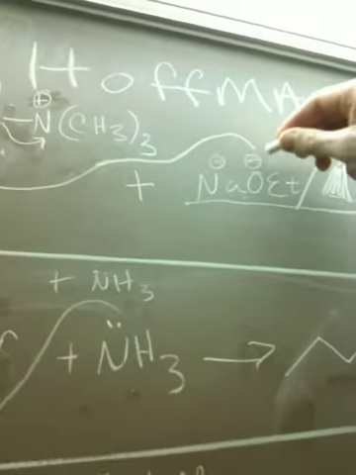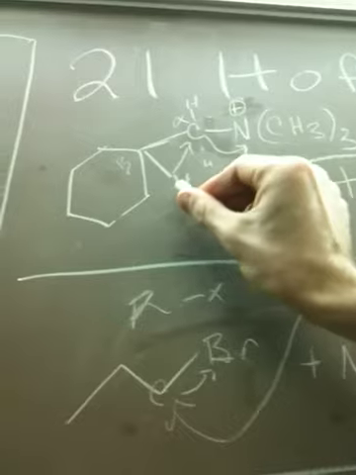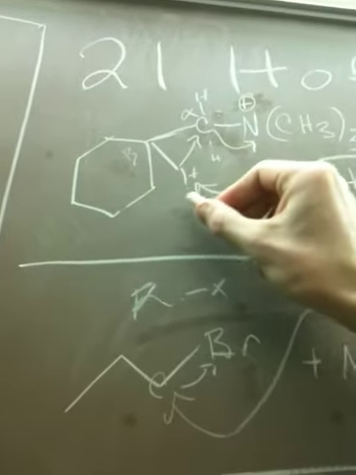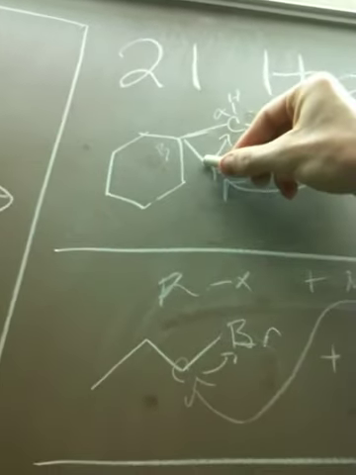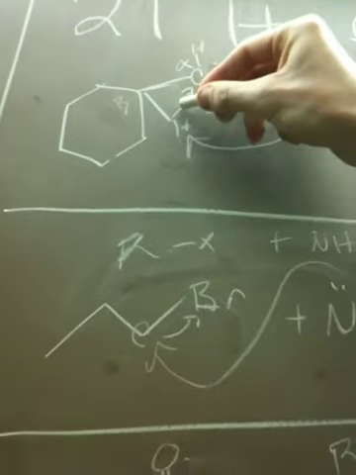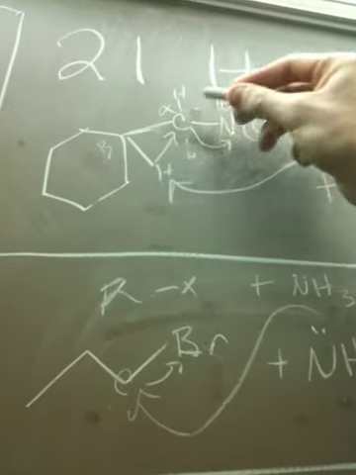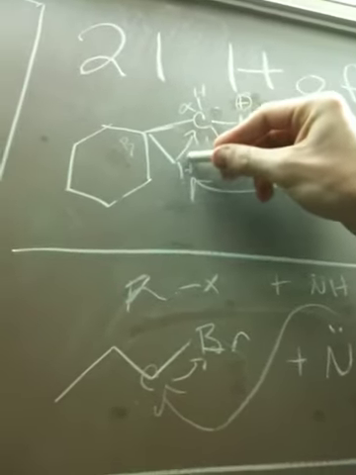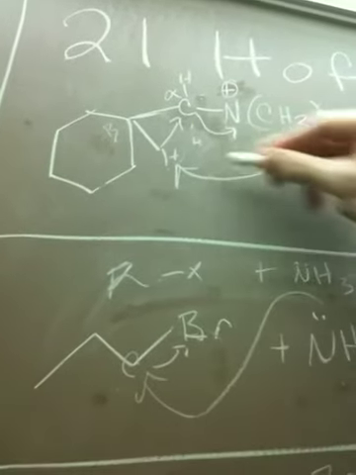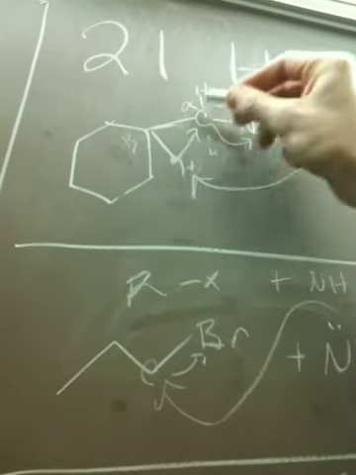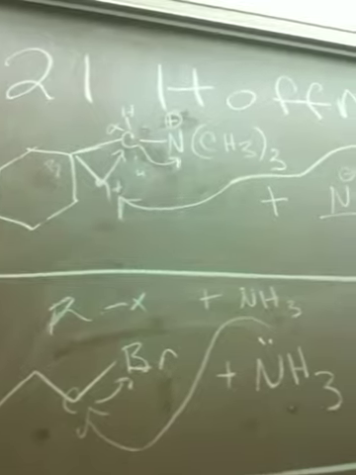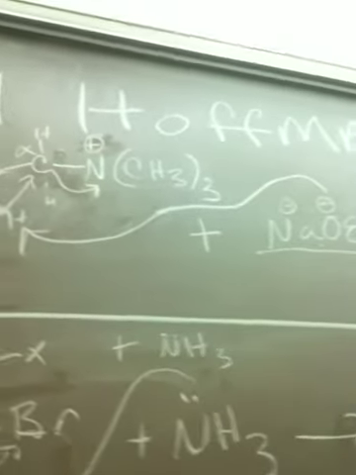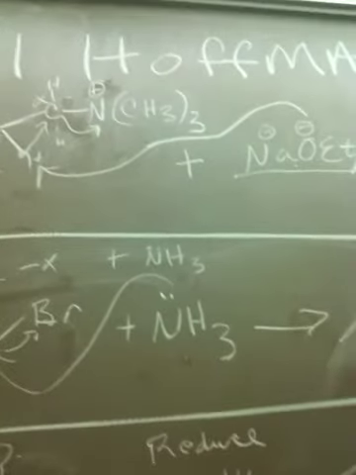So this base comes, it takes the H away from the beta. This goes to elimination. Like, that should be familiar to you already. So this H here goes to the base. This electron here pops up, makes a double bond there. And you end up with this guy. And it kicks off that N(CH3)3 group.